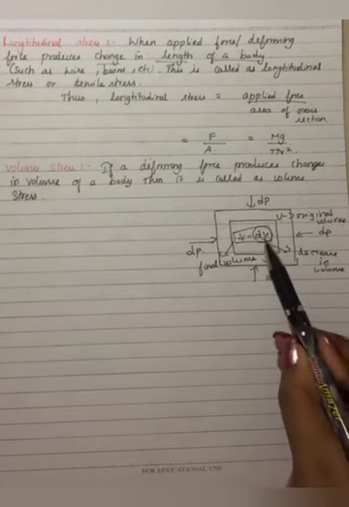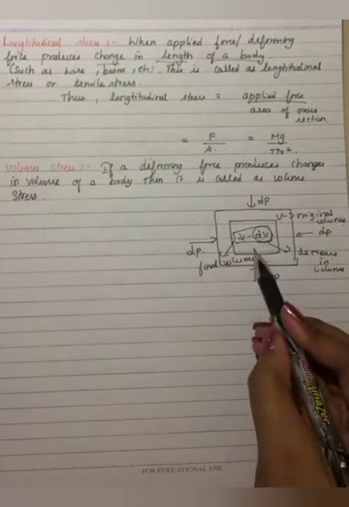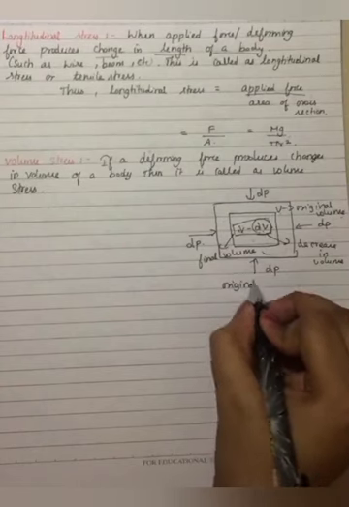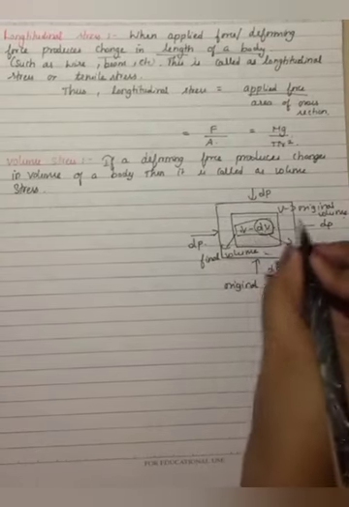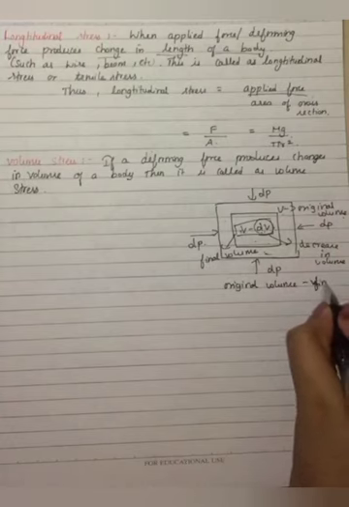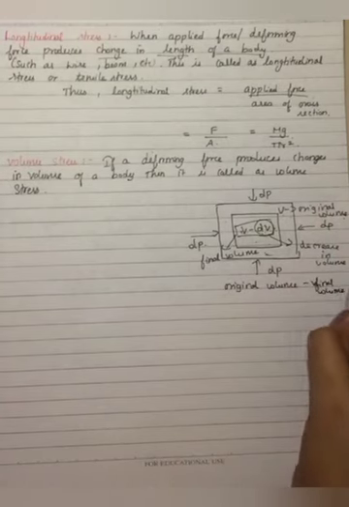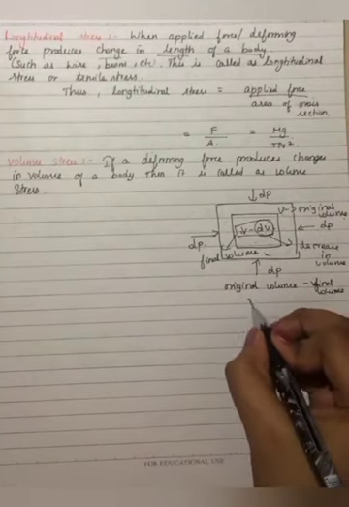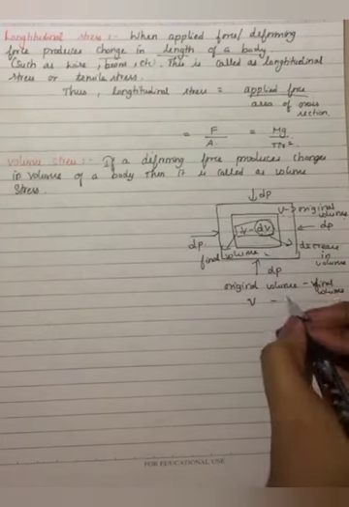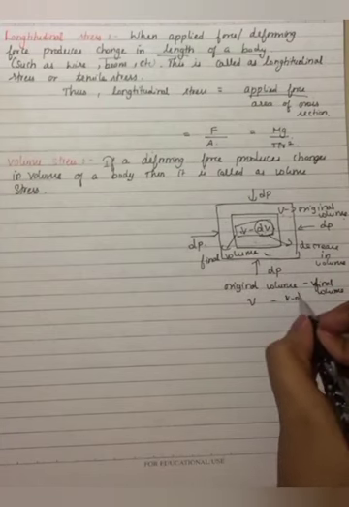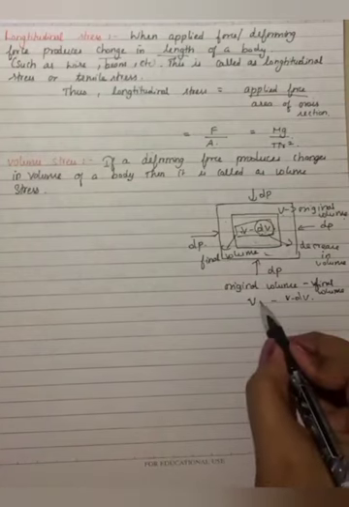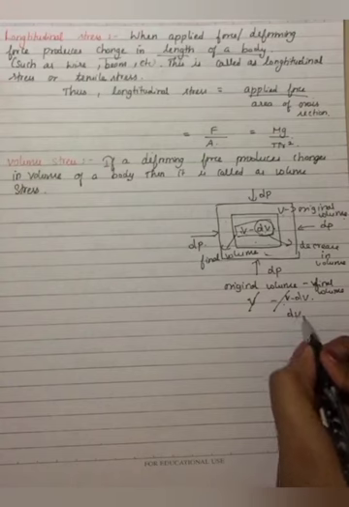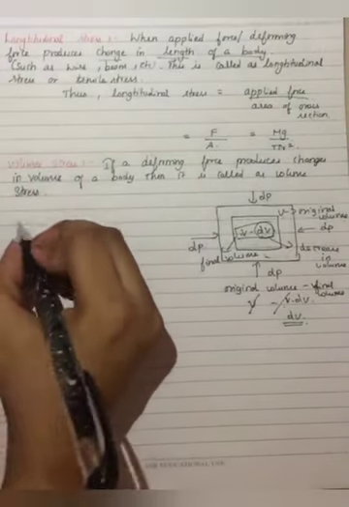So original volume is outer and final volume is inner. What is the original volume here? V. What is final? V minus dV. Now the plus V and minus V cancel, and we get dV.